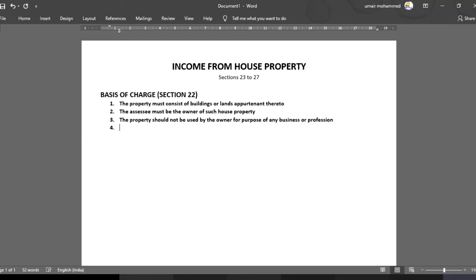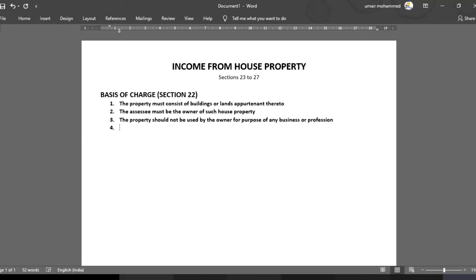So that's the point. Now, the fourth is something which is extremely important for us from the viewpoint of doing the calculation, from the viewpoint of computing income from house property. The fourth point tells us that for income from house property, the taxable amount is not the rent what you receive. Now you might be wondering, income from house property means rental income.